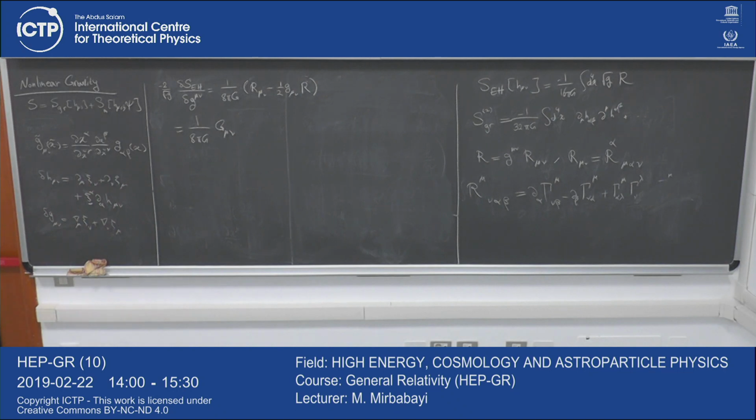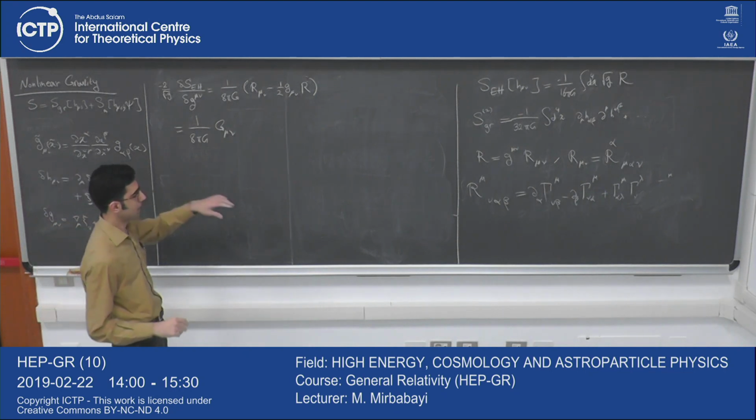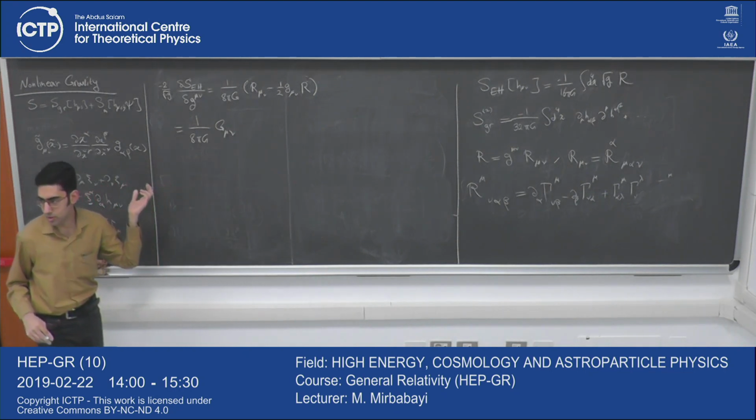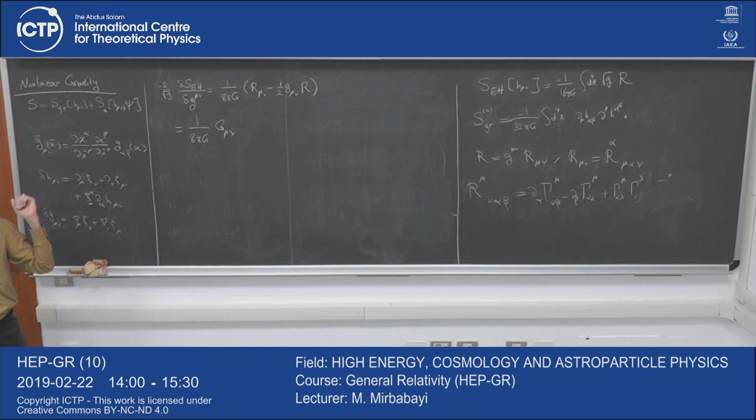Now, if I want to derive the equation of motion for the metric, I should vary the full action with respect to g mu nu. So if I apply this to the full action, there will be another piece coming from the matter action, and that's exactly what we call T mu nu.